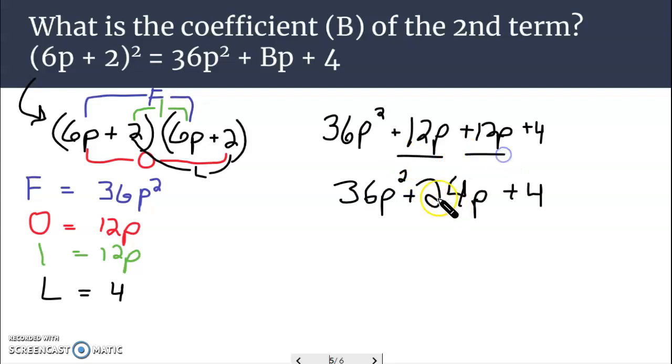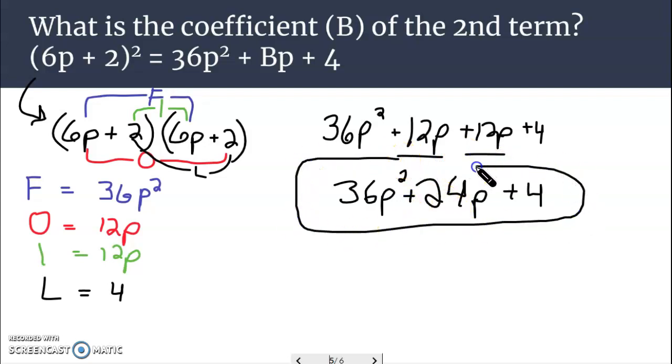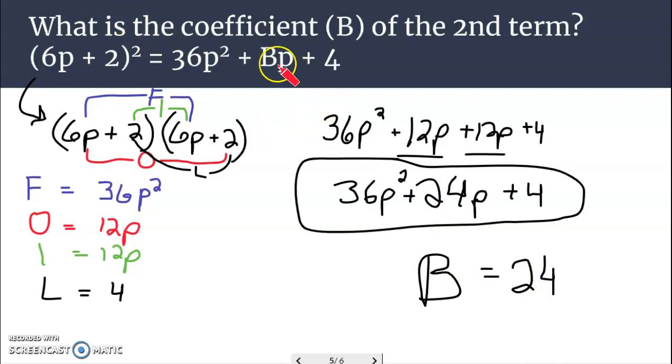These two go together to make 24p, and then we have our final answer: 36p squared plus 24p plus 4. To answer the question, the unknown value b here, obviously we see b to be 24. Hopefully you can see how that matches up here. We were looking for b. It's the number right next to p. It came out to be 24.